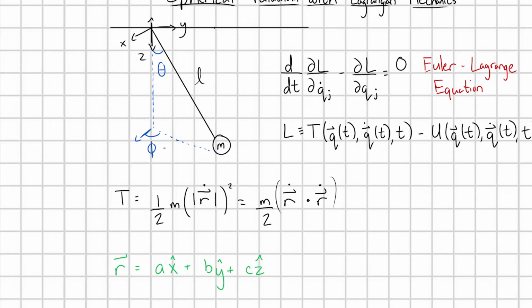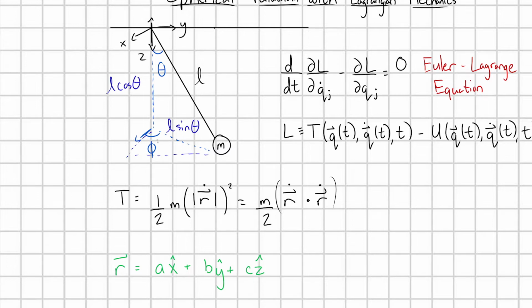Okay, so let's start breaking down this set of triangles that we have here. We know that this length here is going to be L sine theta. We know that this height here is going to be L cosine theta. Let me break this bottom triangle down as well. We're going to break it into the component going in the x direction, something like this, along with some component going in the y direction, something like this.